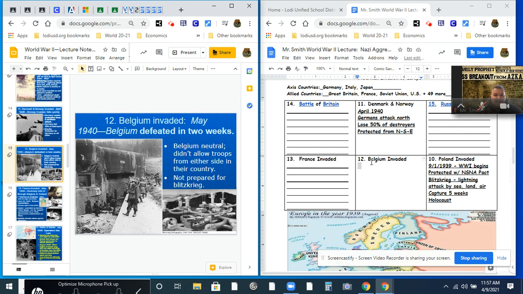And like Poland and Denmark and Norway, Belgium is defeated quickly. Denmark and Norway, they didn't fight very long either. It was like a few weeks. May 1940, 2 weeks.